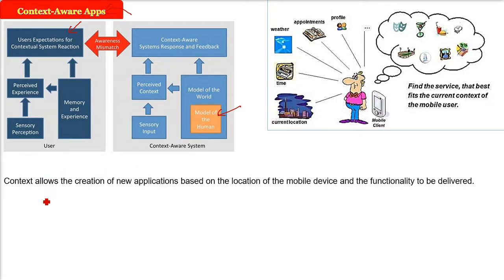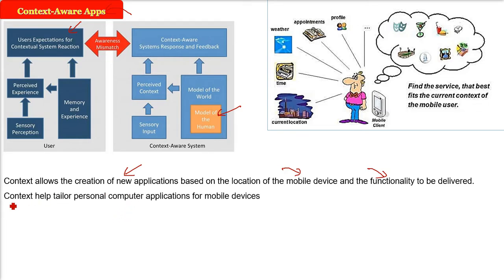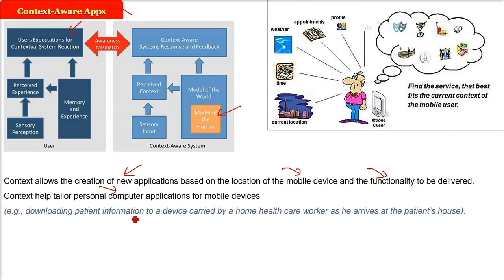So context allows the creation of new applications, based on the location of the mobile device, and what functionality is to be delivered for different users, to satisfy different users' requirements. So context helps to tailor, to change, to modify personal computer applications for mobile devices.